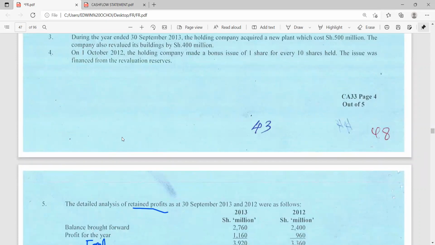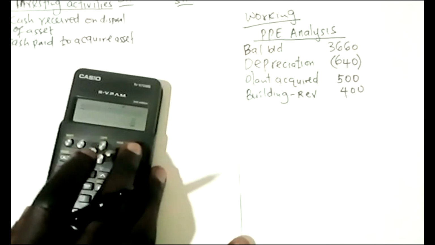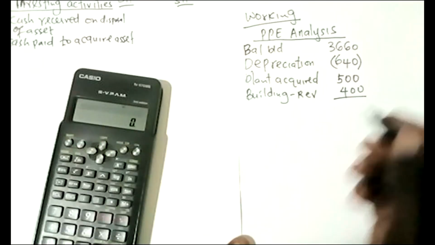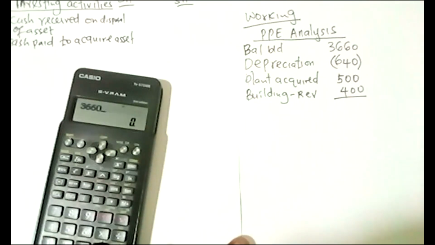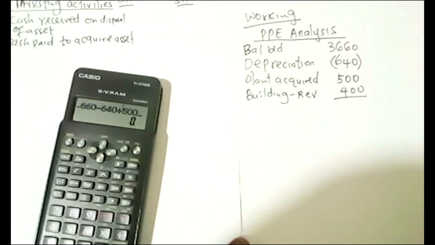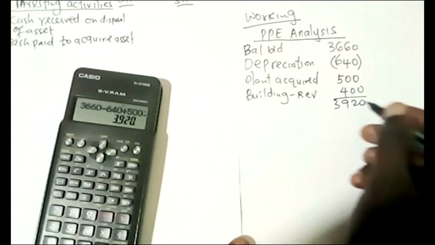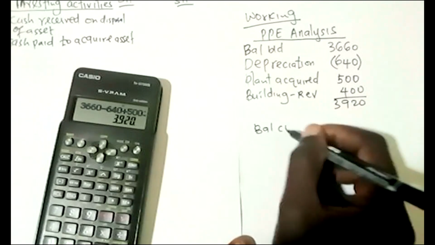Note 5 was a detailed analysis of retained profits. Again, that one can never affect your property, plant, and equipment. So up to this point, our value for property, plant, and equipment is 39.20.